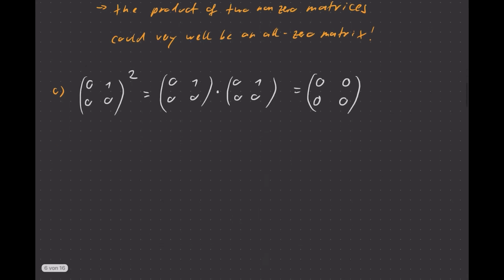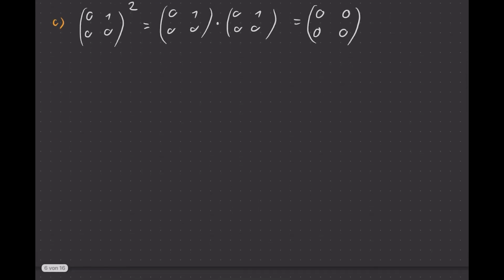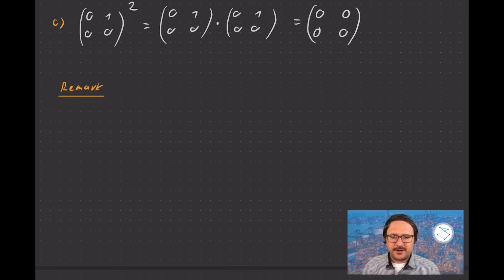Before we go on to talk about rules of matrix multiplication, let's have a quick look at a special case. That's going to be a remark here. What about taking the product of a row vector and a column vector?